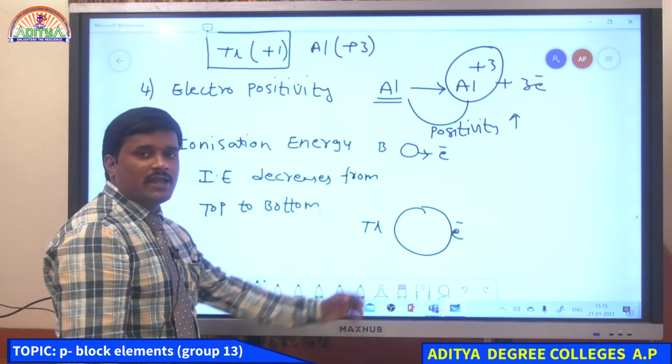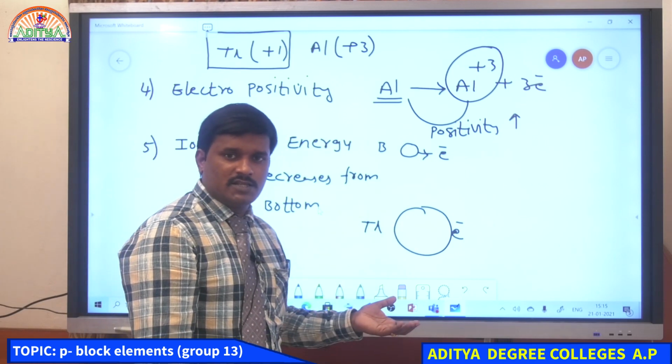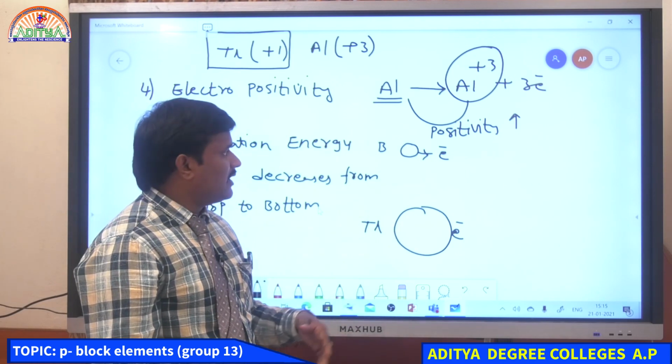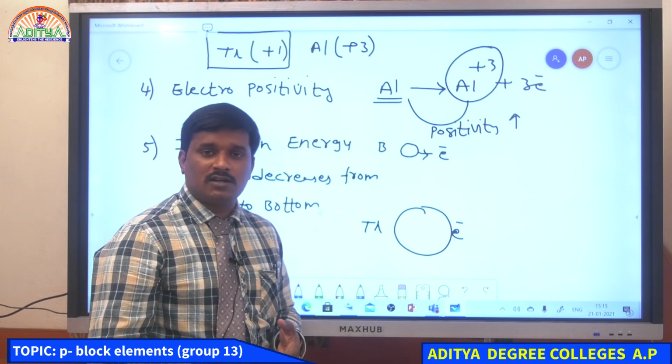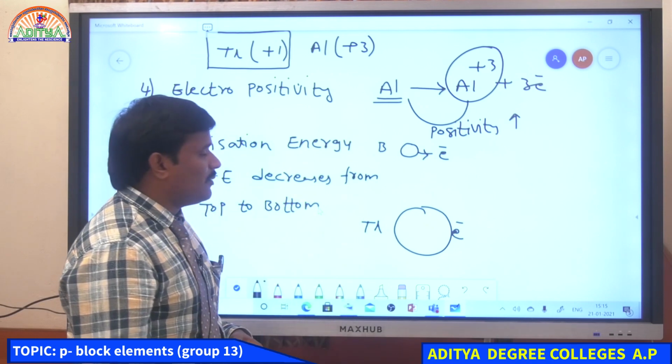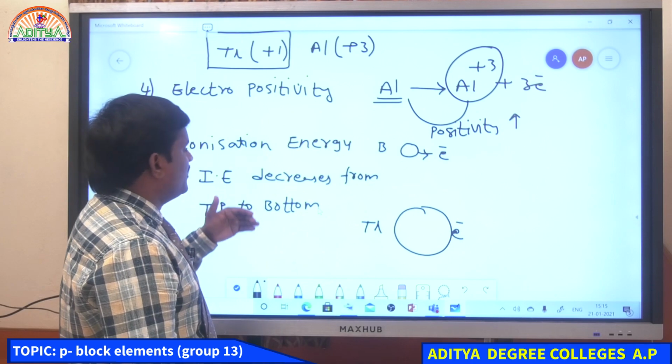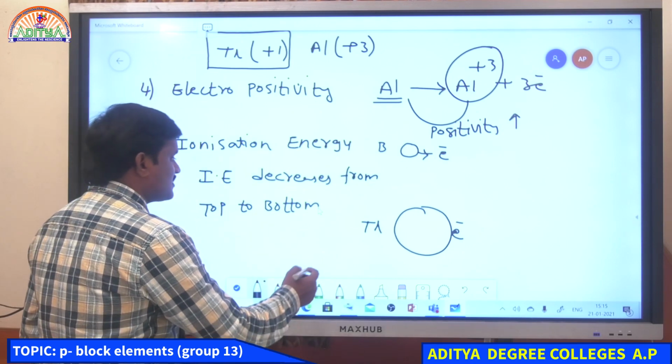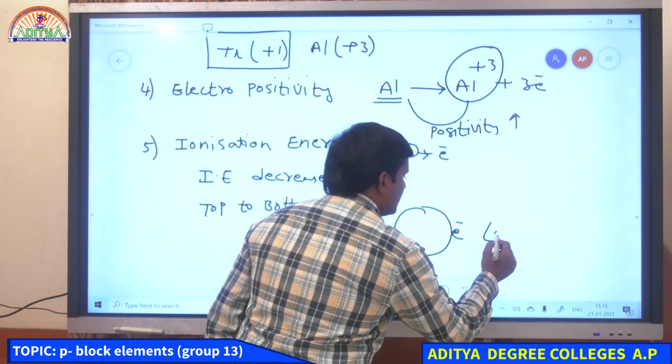Boron has the highest ionization energy compared to aluminum, aluminum has higher ionization energy than gallium, indium and thallium, and thallium has the least ionization energy.